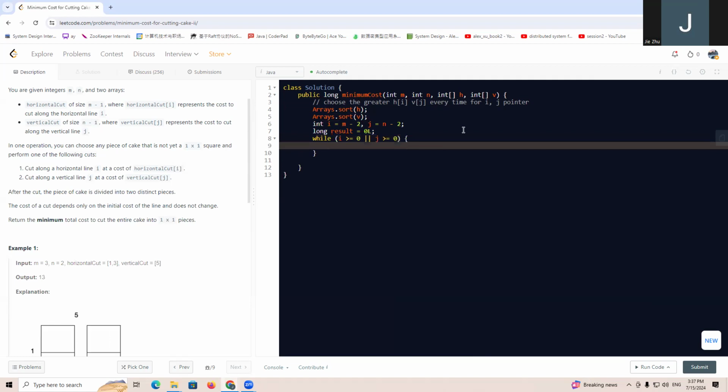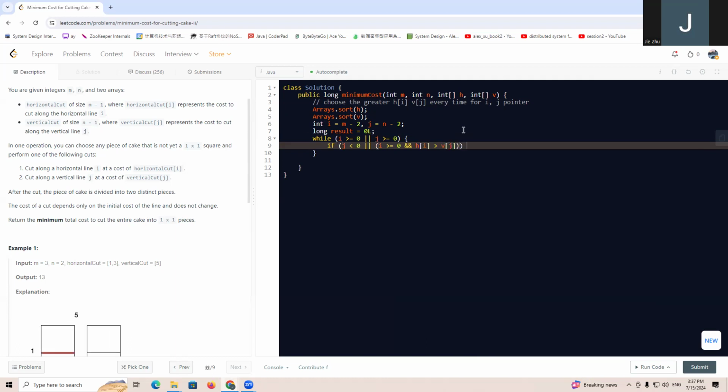So we'll say if j is smaller than 0, that means j already moved out of the range. Or i is greater or equal to 0 and horizontal i is greater than vertical j, right?